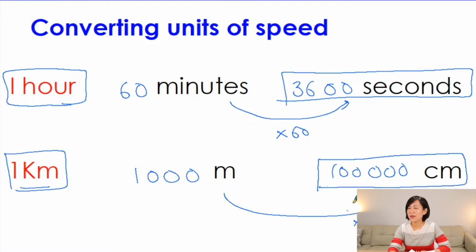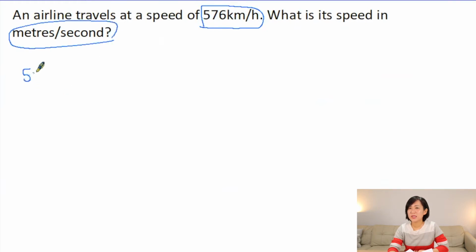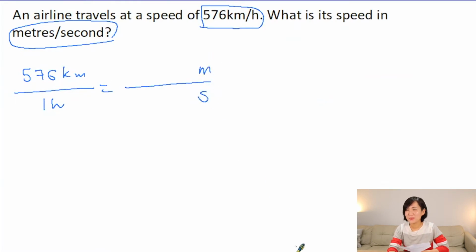Now, let's convert our speed units. Here, an airplane travels at the speed of 576 kilometers per hour. Let's write this as a fraction: 576 kilometers per 1 hour. We need to convert this into meters per second.